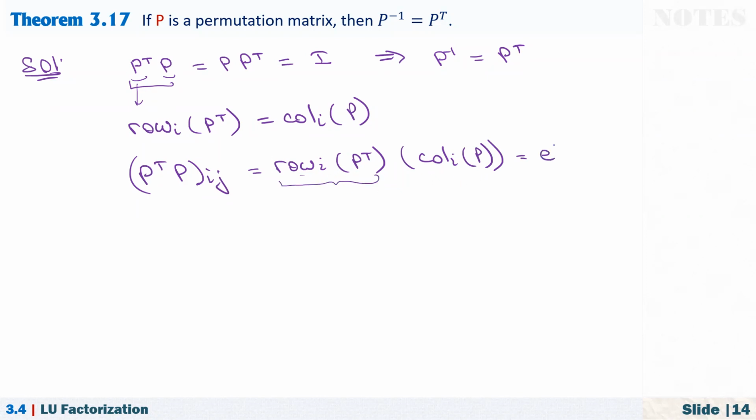So here we have e_i transpose, and column i and row i have the 1 in the same place. That's why column i of P is also just e_i. So that is equal to, what is e_i transpose e_i?